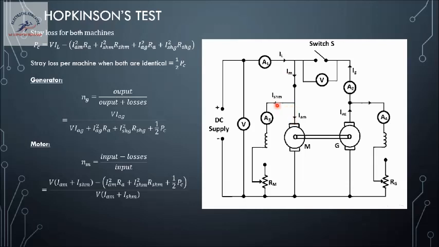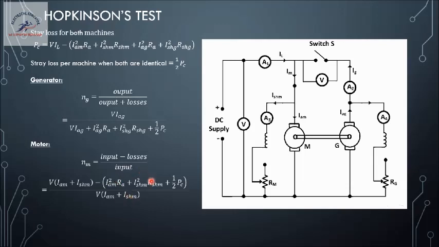Because the motor is not a self-excited device, the field supply is also drawn from the source itself, so power is required for the field. So IAM plus ISHM is the input current for the motor, and it is multiplied by V to get the input. So input minus losses divided by input. Here the losses are the armature copper loss, field copper loss, and stray loss.